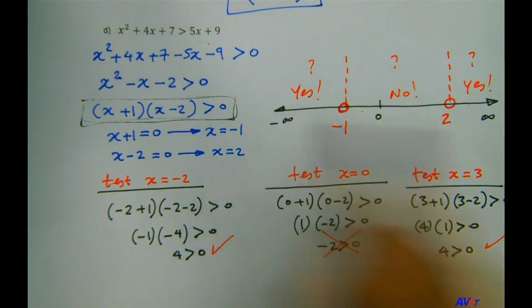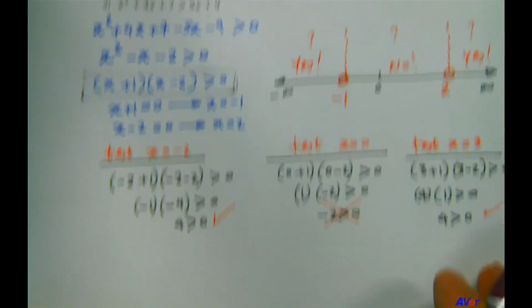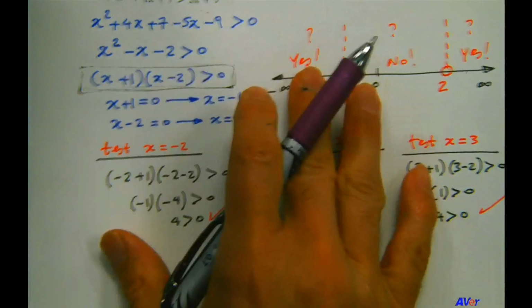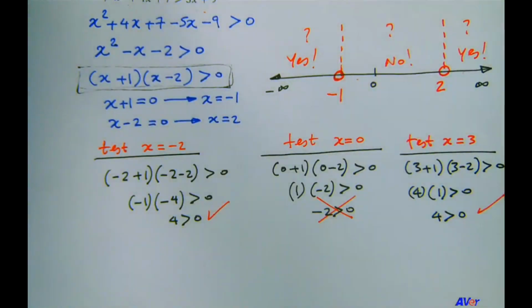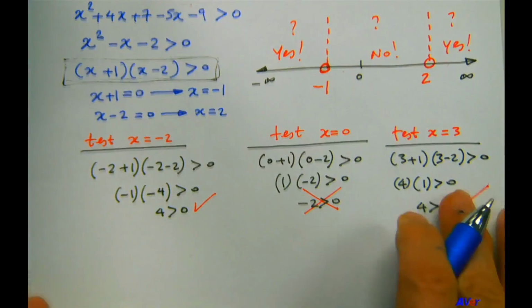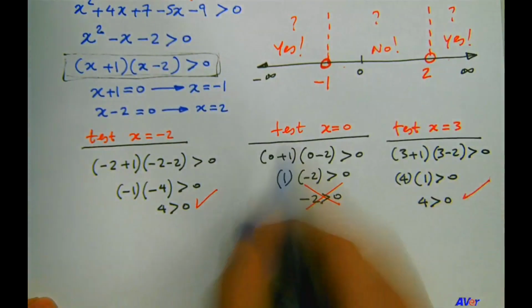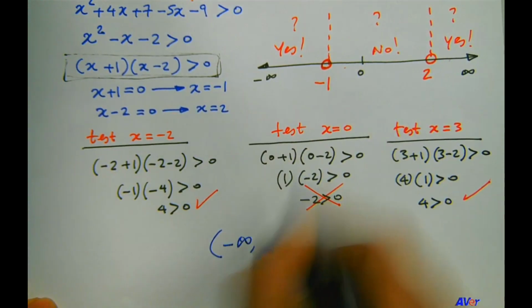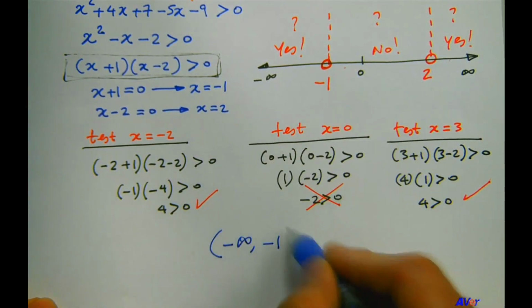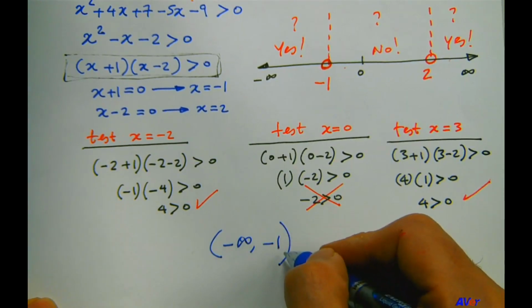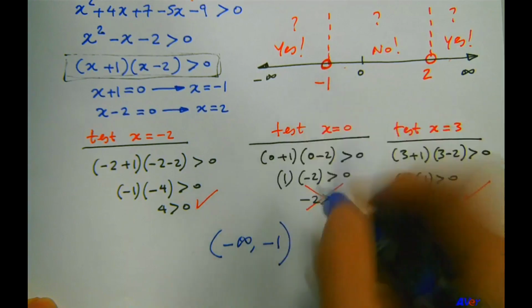Okay, so now we can look at that and write our final solution using interval notation, right? So let's do that. So the solution is that region: -infinity to -1, parenthesis, because -1 is not included.